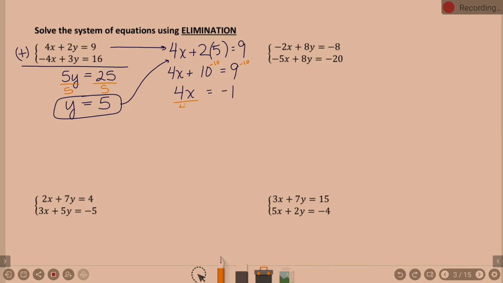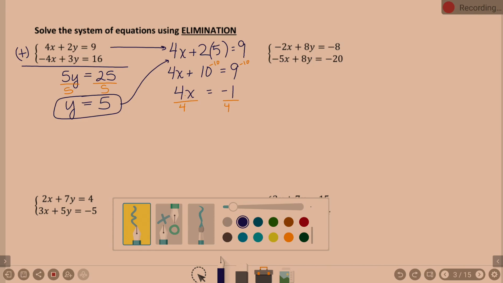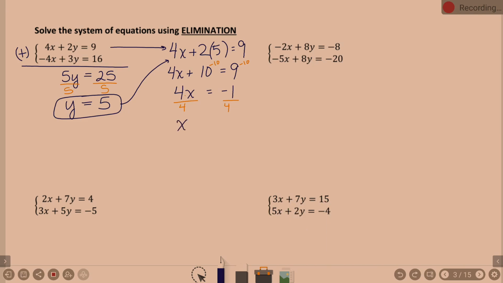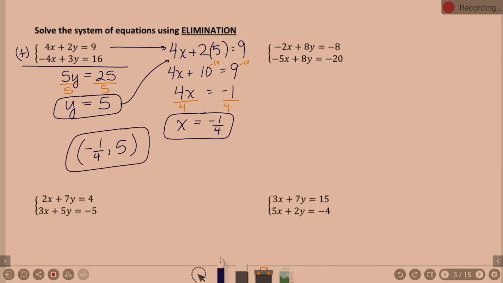If it's 4 times x, we're going to divide by 4. And what is x? Okay. Negative 1 divided by 4 is negative 1/4. I'm going to leave it as that. What's my final answer? Okay, negative 1/4, comma 5 in our typical XY ordered pair.